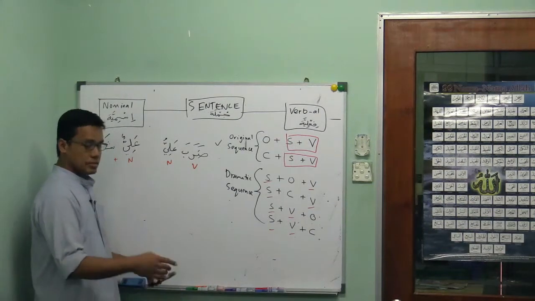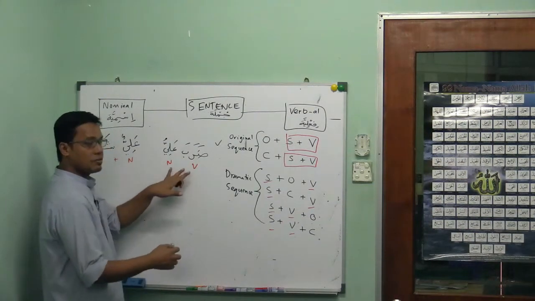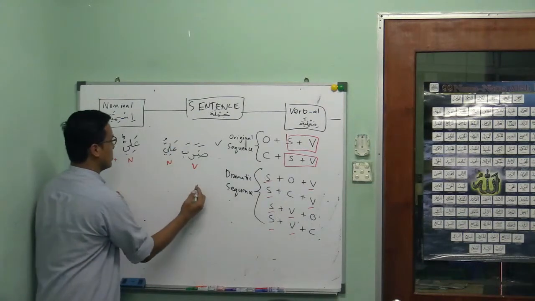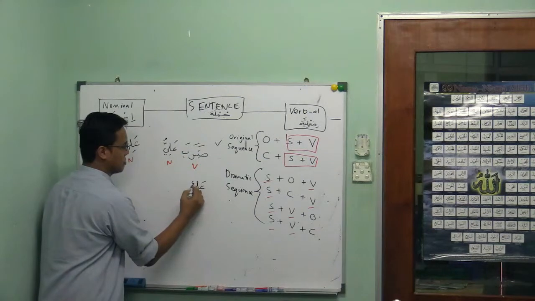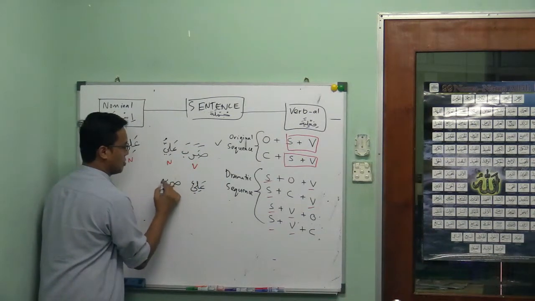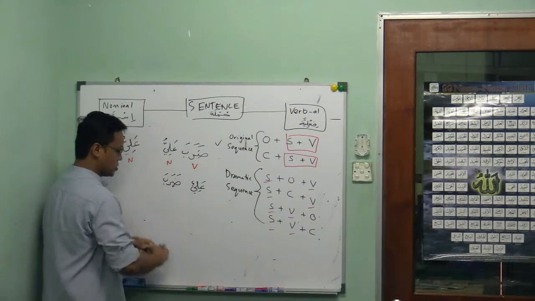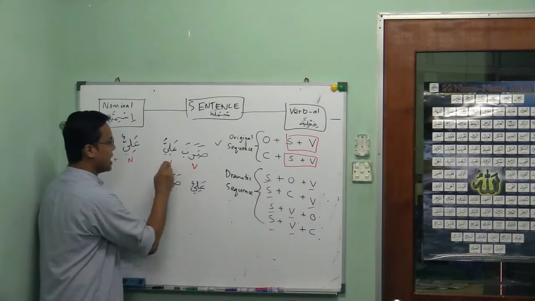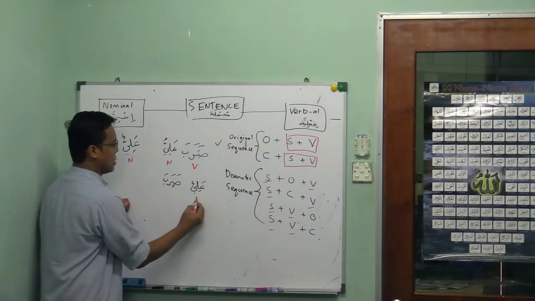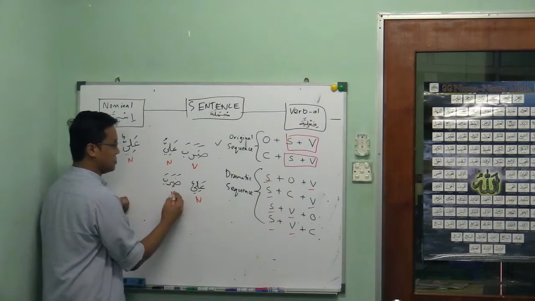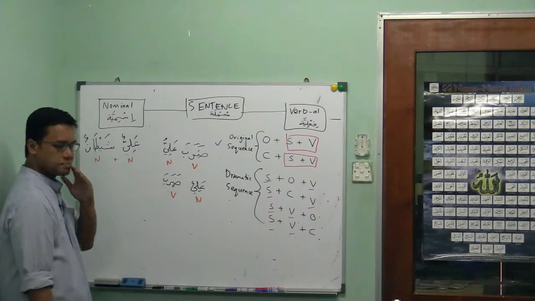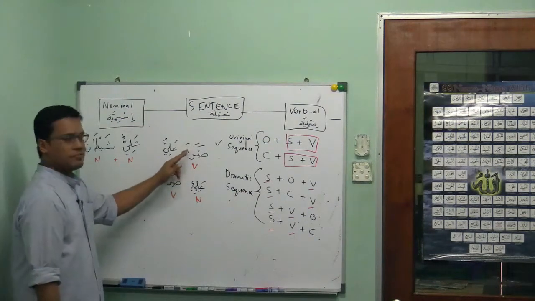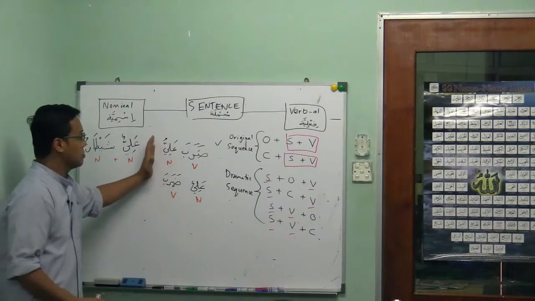I change it. If I were to shift place, I would say Ali daraba. So instead of VN, you have NV. What's the difference as we discussed just now?